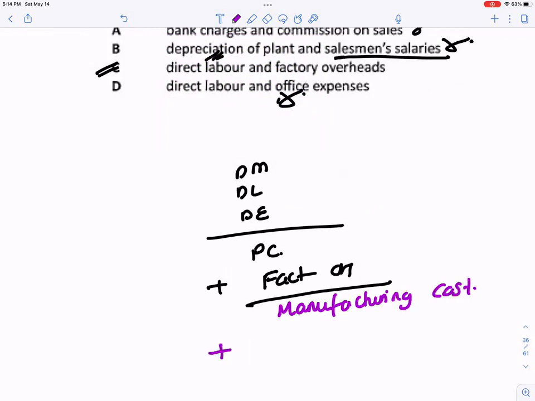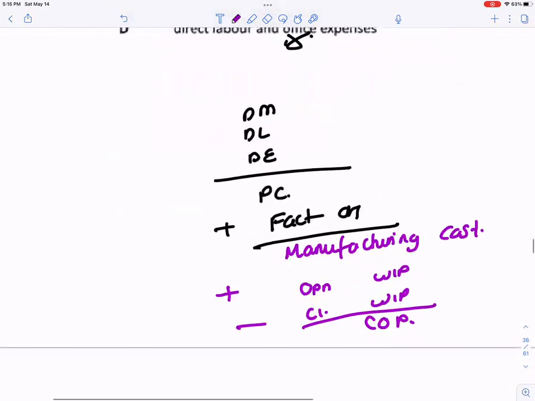Manufacturing cost, add opening work in progress minus closing work in progress gives us the cost of production. Either add opening minus closing, or we will add increase in work in progress or minus decrease in work in progress.